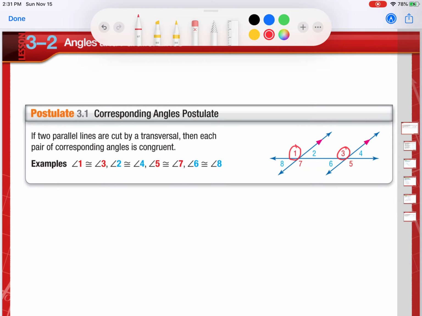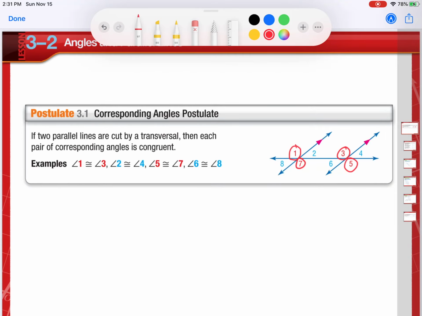And if we go back to angle 1, I could say that 1 and 5 are also the same because they are alternate exterior angles. And then using angle 5, I could say that 5 and 7 are in fact congruent based on corresponding angles again. So we can say that all the obtuse angles are congruent just by looking at them right away.